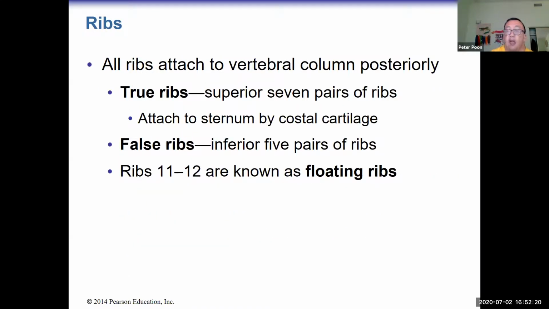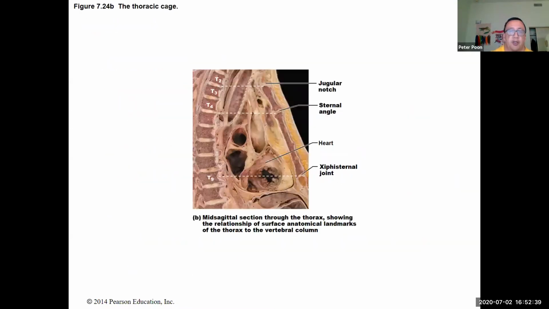All right, the ribs. All ribs attach to the vertebral column posteriorly. You have true ribs and you have false ribs, and out of the false ribs, there are 2 ribs called floating ribs. So let's go through this picture.